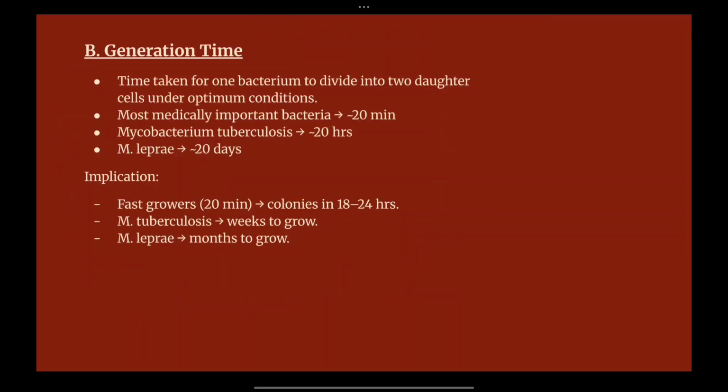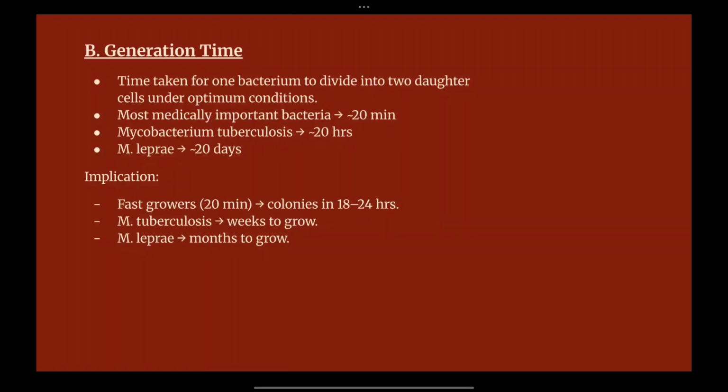Now the generation time is the time taken for one bacterium to divide into two daughter cells under optimum conditions, that is, proper nutrition is available and a proper environment for DNA replication, everything at optimum conditions. Then only is the bacterium able to generate its daughter cell, in approximately 20 minutes.